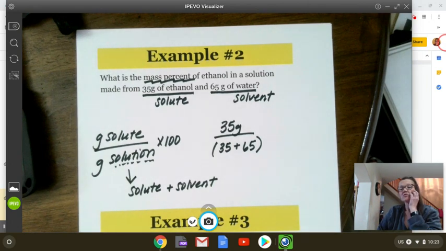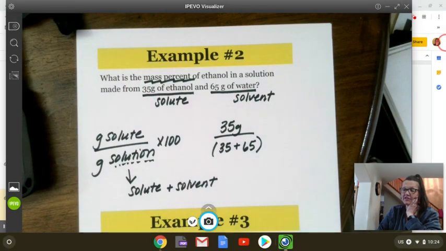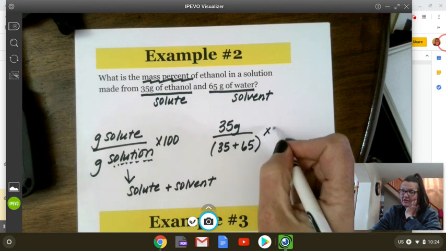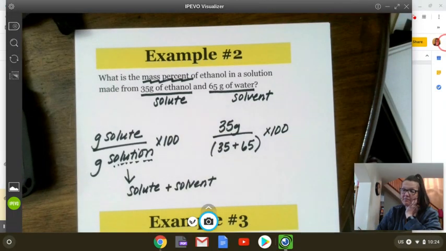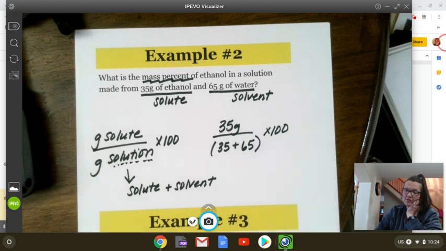It's real important that you put that in parentheses or do the math ahead of time and plug that number in. If you try to do it exactly how it's written without parentheses, you will get a really weird number. And of course, we're going to times that by 100. So 35 plus 65 would be 100. So this is 35 over 100.